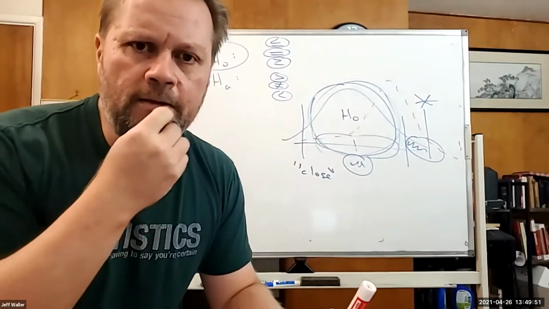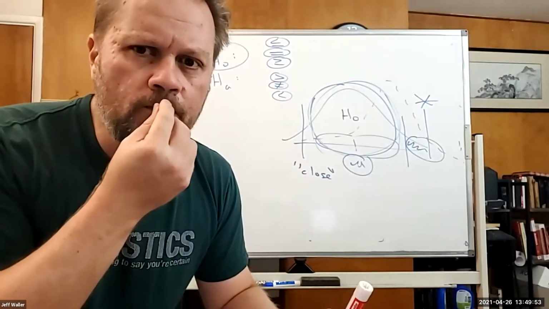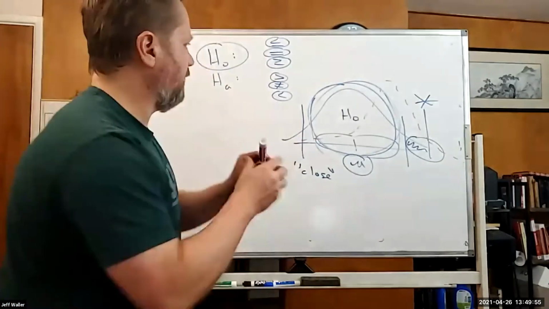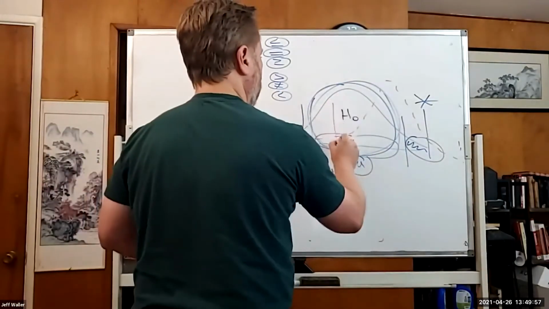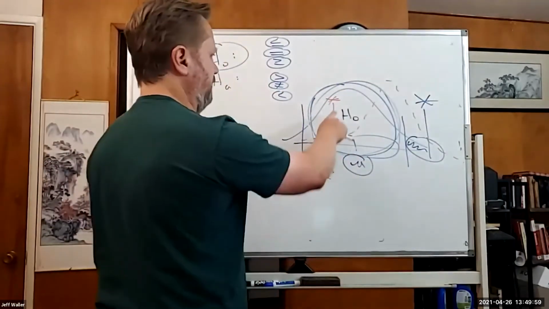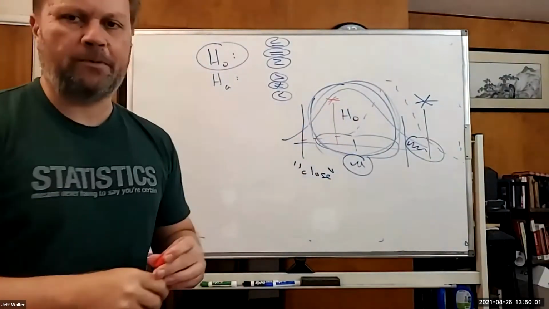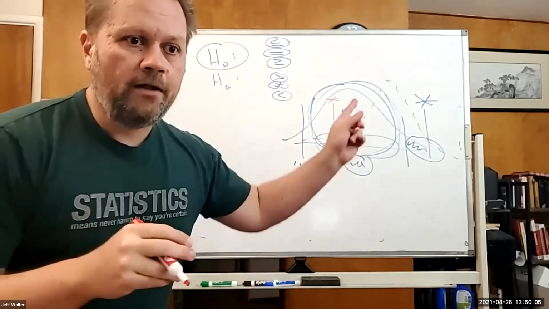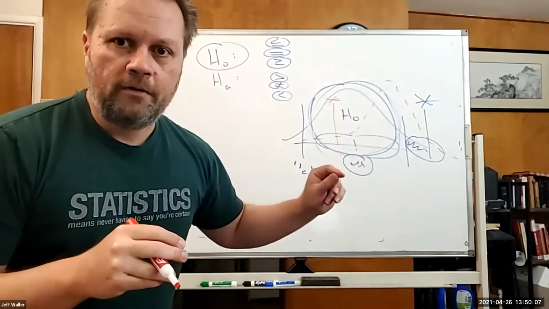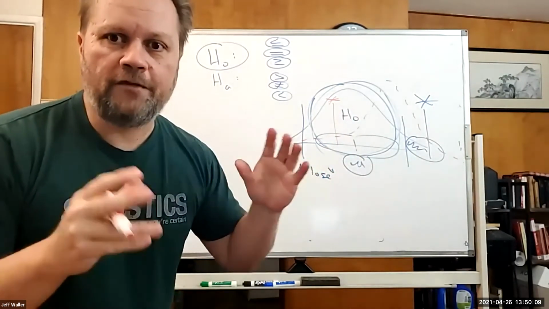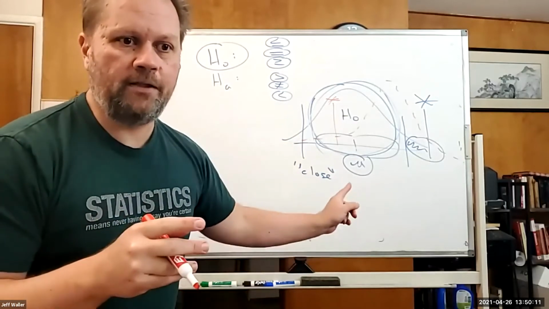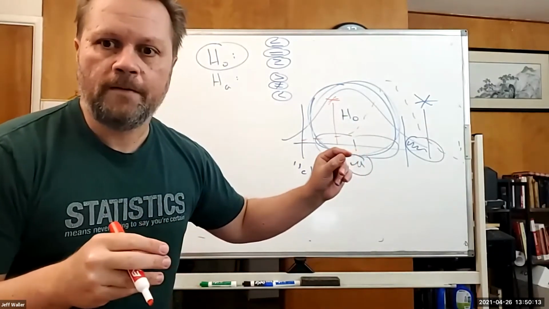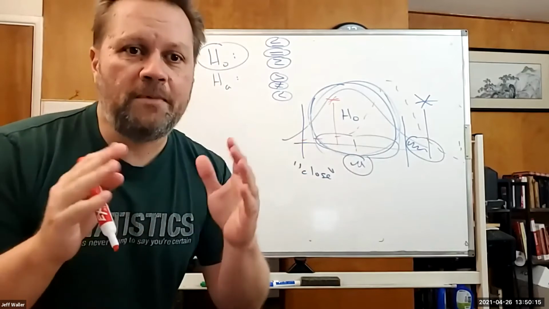So if I got a sample right here, what would that mean? If my sample was right there, it's my sample mean. Would that be evidence that the null is wrong? Is it far enough away to show evidence that the null is wrong? No. Does it mean the null is right?